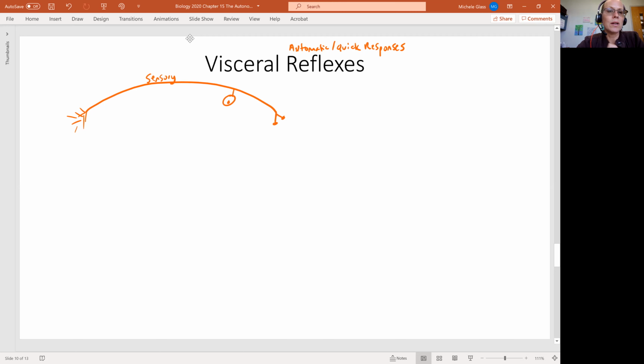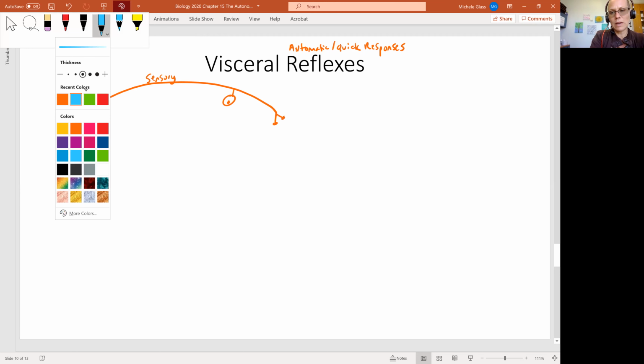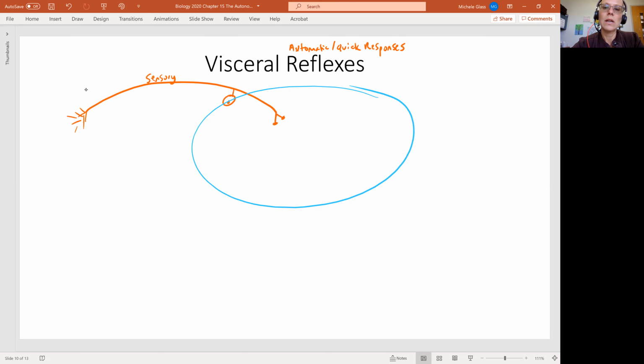And here we're going to make the assumption that we're going to be inside the spinal cord. So I'm just going to draw a big circle and say, okay, this is our spinal cord. And then what we see happening is that that sensory neuron is going to synapse onto a motor neuron. But this motor neuron here is going to be our preganglionic neuron.